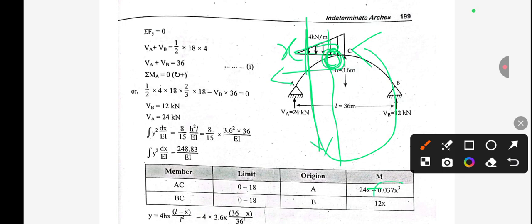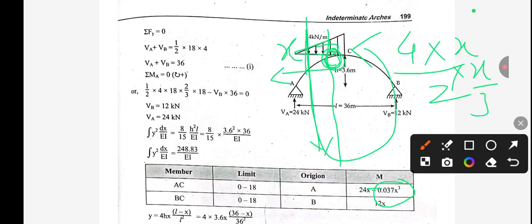You can see this is minus 0.037 x cube. So x cube means this 0.03 means 4 into span x by 2, and the distance is 4 into x, taken as L by 3, so it can be taken as x by 3.